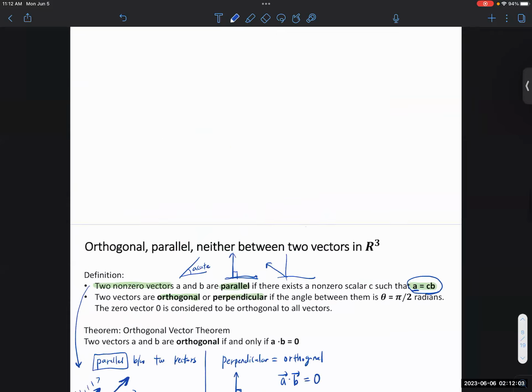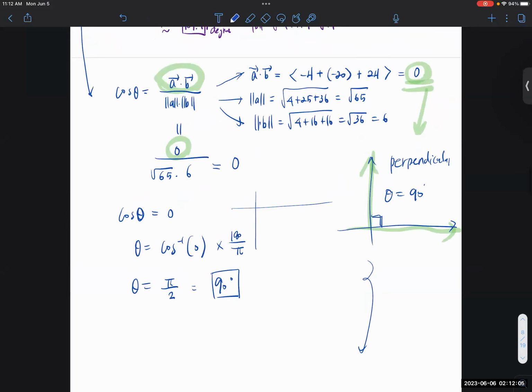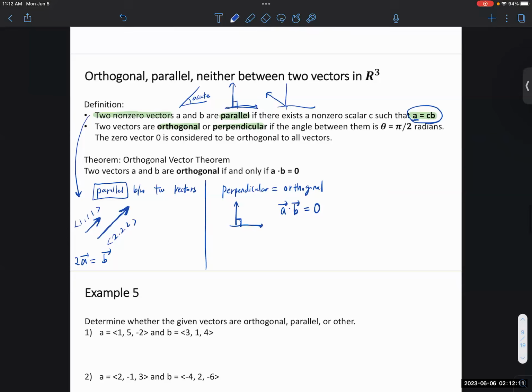We just proved that above. If A dot B is 0, it always creates a 90 degree perpendicular relationship. For parallel lines, one vector equals a scalar times the other vector. So this is the difference. If a scalar exists, it's parallel. For perpendicular, A dot B is 0. And if you don't see either relationship, it's neither.